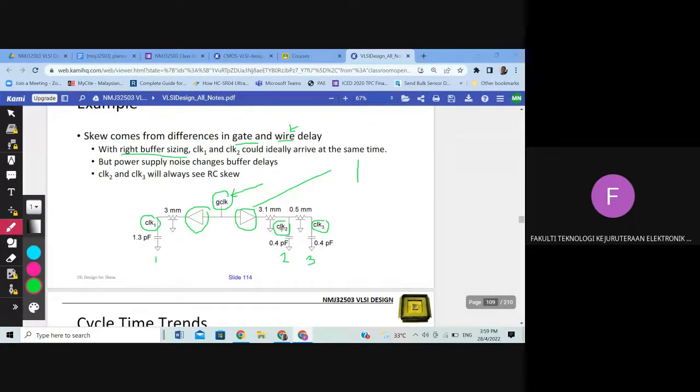So we have clock 1, clock 2, and clock 3.